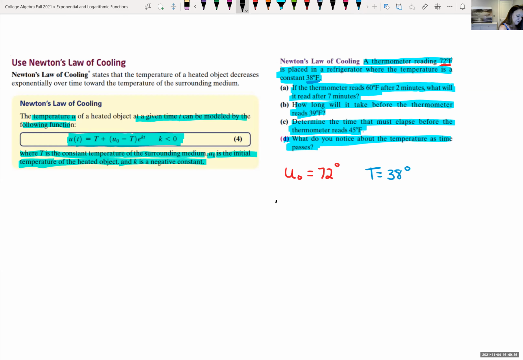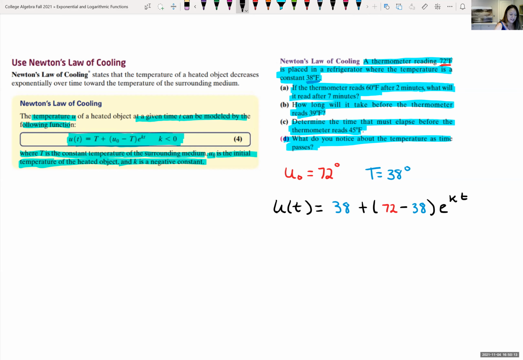So far we have the formula U sub t is equal to capital T, which is 38 degrees, plus U sub 0, which is 72 degrees, minus T, again, which is 38 degrees, all times e raised to the k times t.